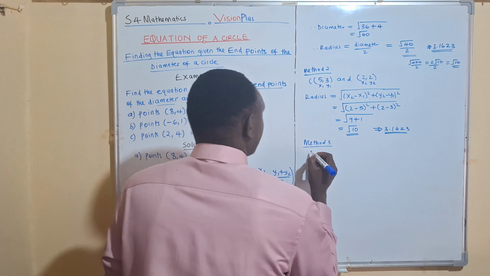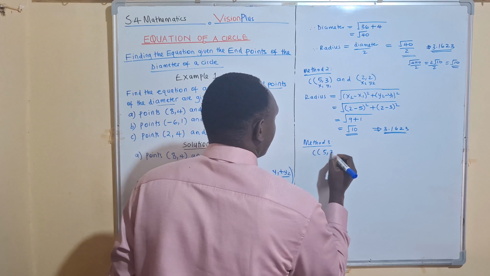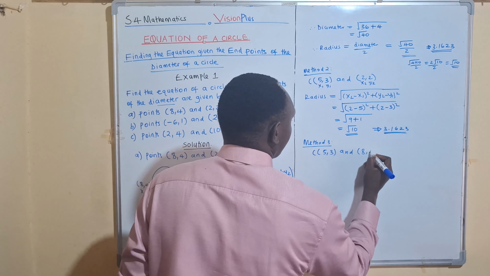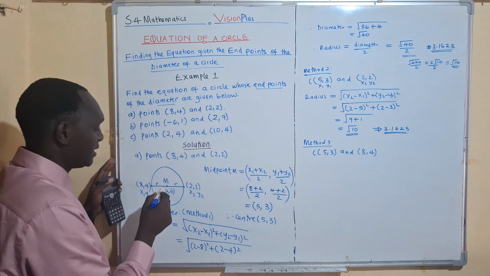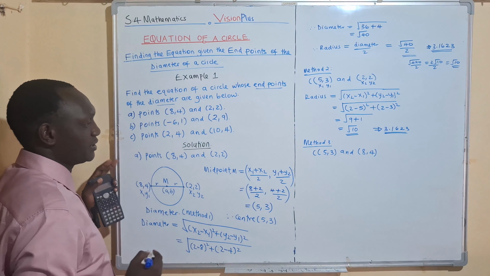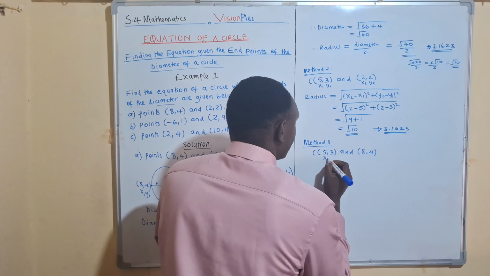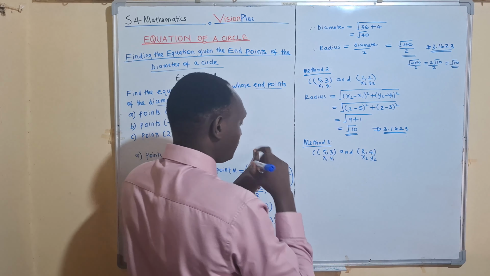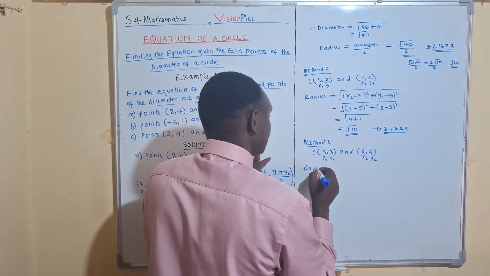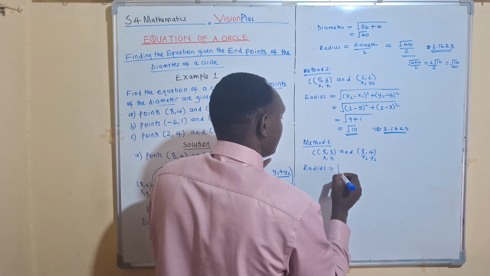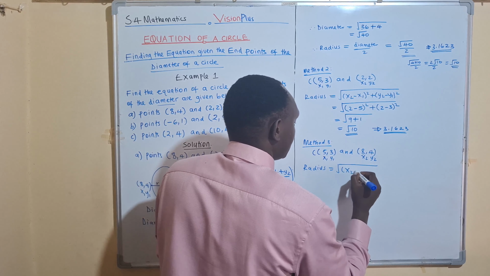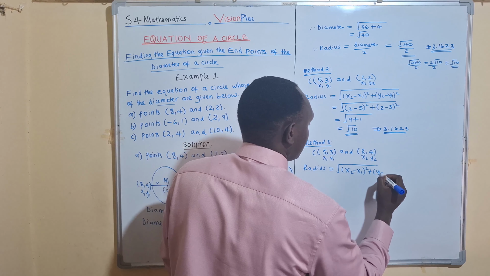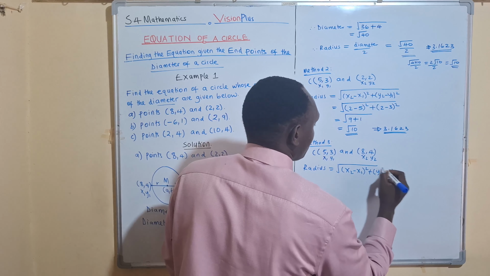So what if somebody had decided to use the center, which is 5 and 3, and the point 8 and 4, so that you get the distance from the center to this other end point. Come and name them x1, y1, x2, y2. Then you say now the radius is given by the square root of change in x squared plus change in y, y2 minus y1 squared.